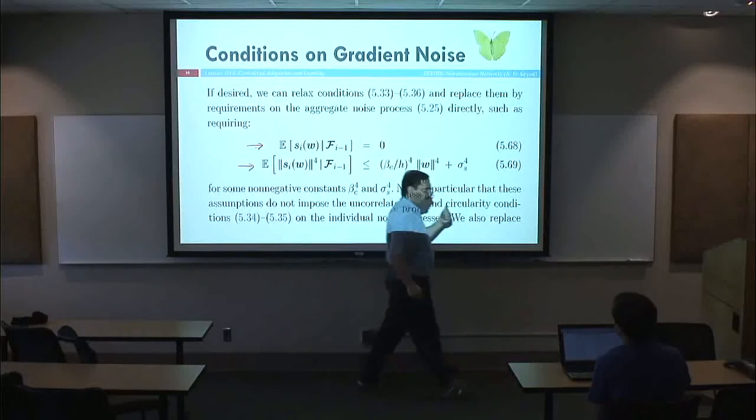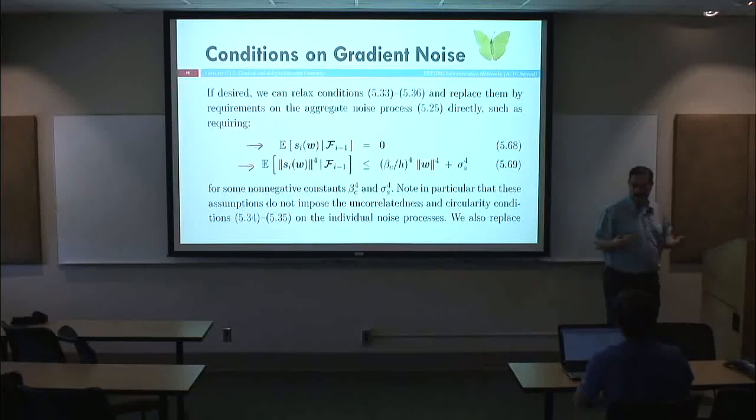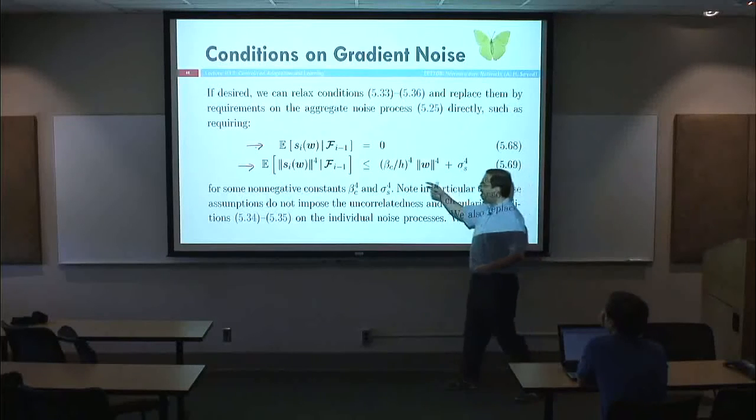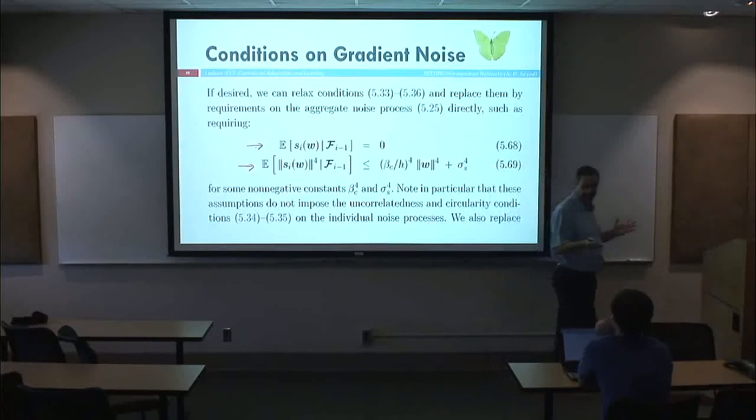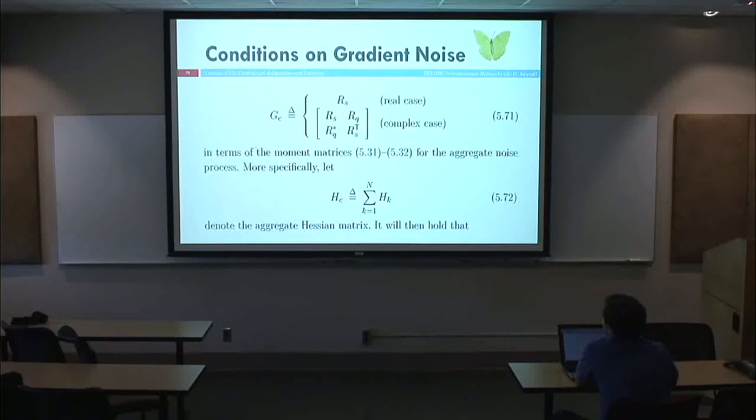The only thing that will happen now is that the gradient noise covariance here is not anymore the sum of the individual gradient noises, right? That's all, because the uncorrelated conditions and the circular conditions allow that. So what will happen now, of course, the Hessian is still the sum of the Hessians, but the gradient noise will have a form like this.